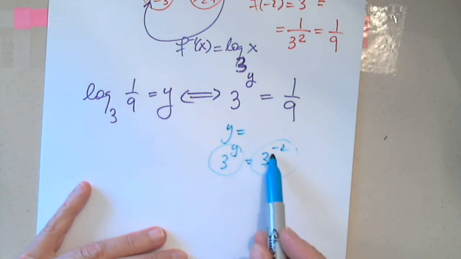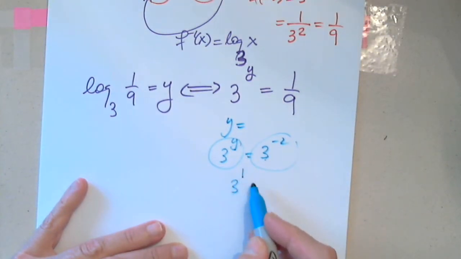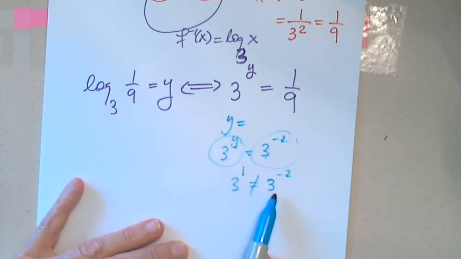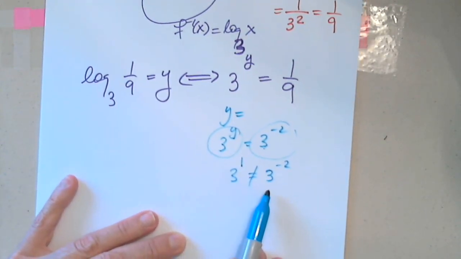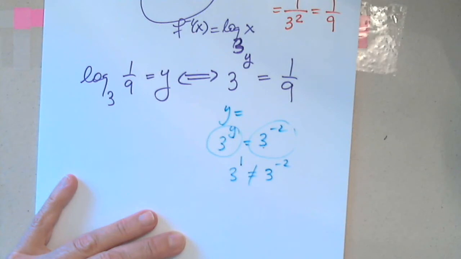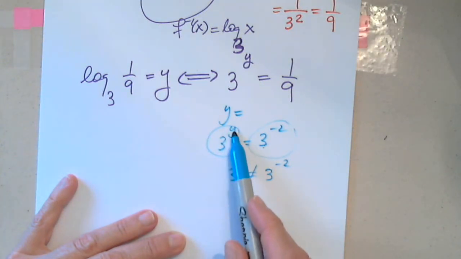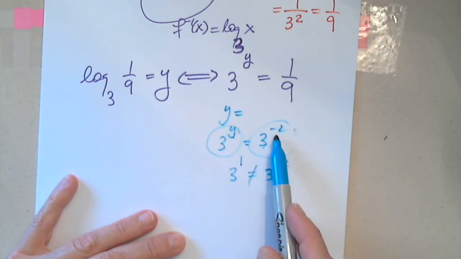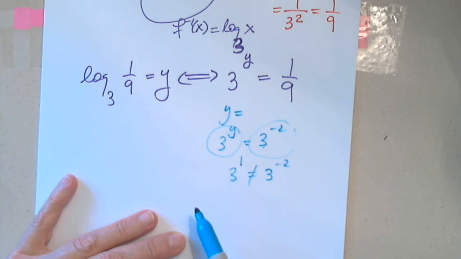So what could y be? 3 raised to 1 will not equal 3 raised to -2. 3 to 0 cannot equal 3 to -2 either.